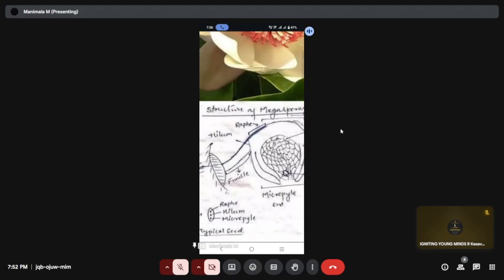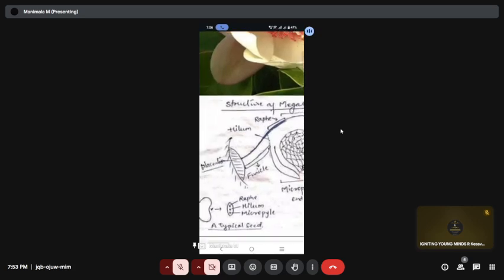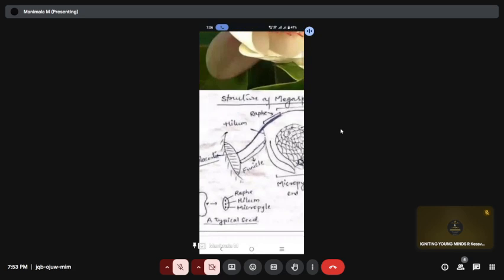Next is the ovule. The ovule is attached to the placenta. How is it attached? It needs some part to attach. The small stalk is called the funiculus.